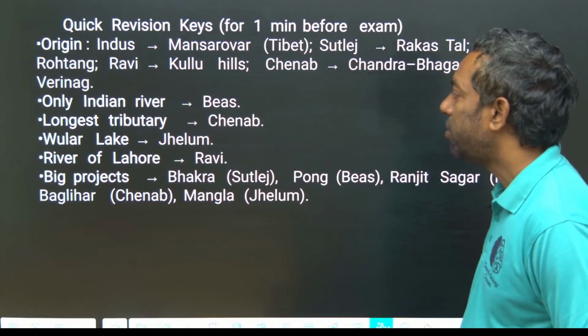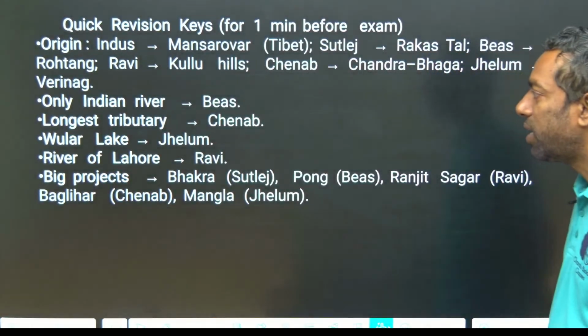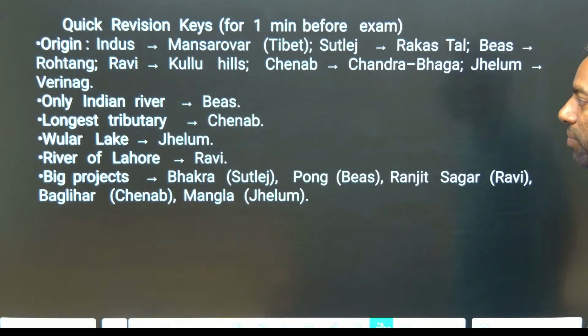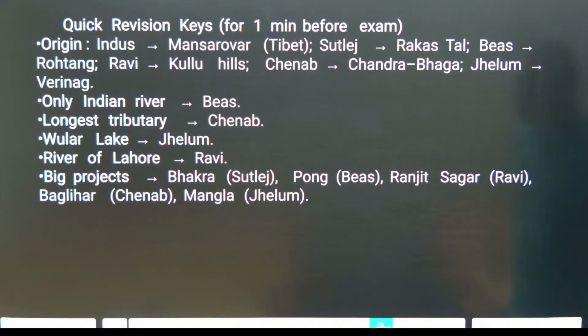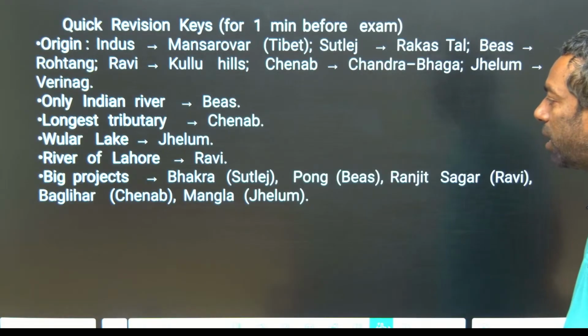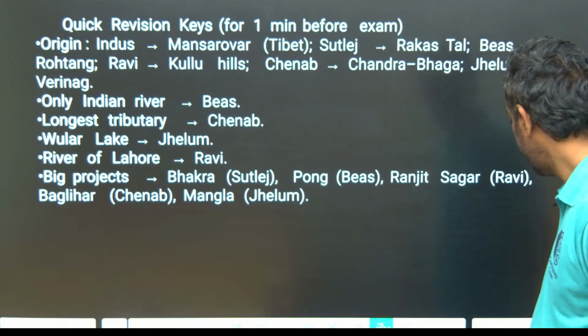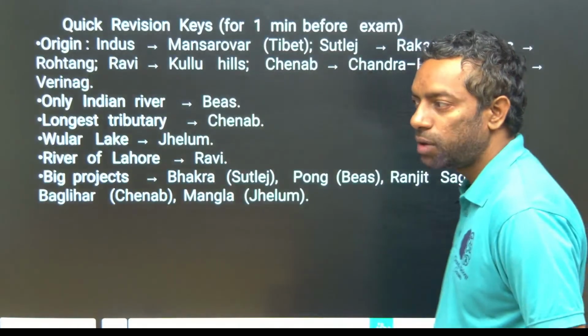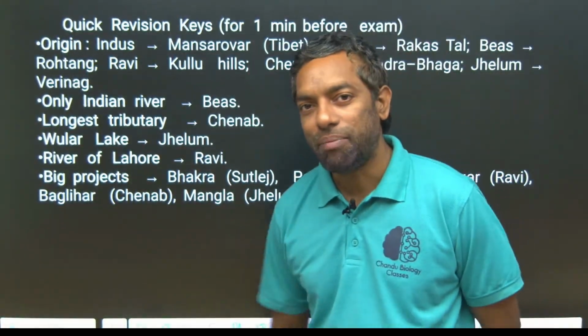The longest tributary: Chenab. Wular Lake: Jhelum. River of Lahore: Ravi. Big projects: Bhakra Nangal on Satluj, Pong Dam on Beas, Ranjit Sagar on Ravi, Baglihar on Chenab, Mangla on Jhelum. This is the most important slide for the coming exam.